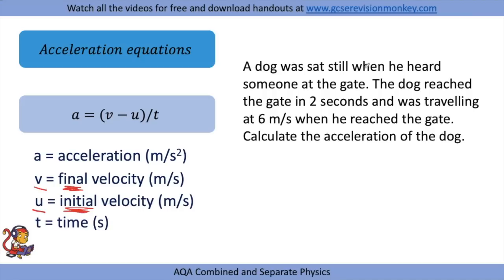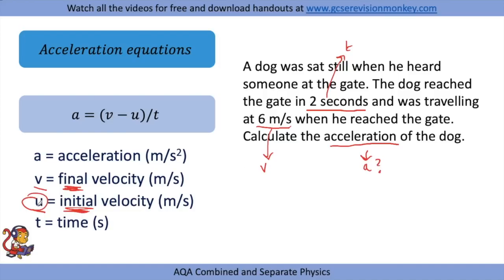A dog was sat still when he heard someone at the gate. The dog reached the gate in 2 seconds, so that is going to be our time, and was travelling at 6 meters per second when he reached the gate. So this is our final velocity. Calculate the acceleration of the dog. Calculate a. So the other bit we need is u.